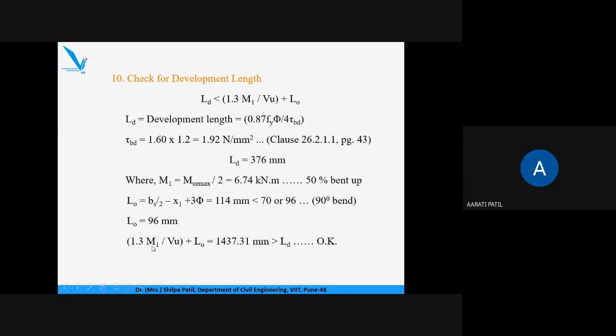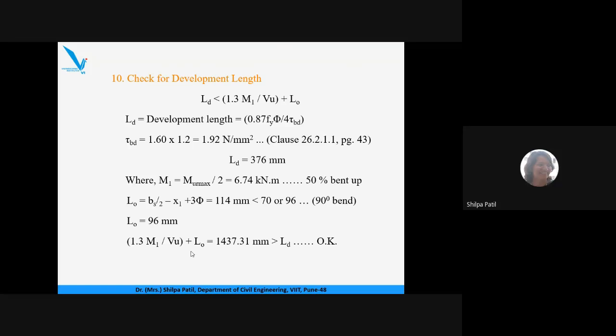Either you use M1 and VU in kilonewton meter and L0 in meter, or convert everything into Newton and mm. You must have taken VU in kilonewton, M1 in kilonewton and L0 in mm, so it goes wrong. Right? Yes ma'am. Okay.